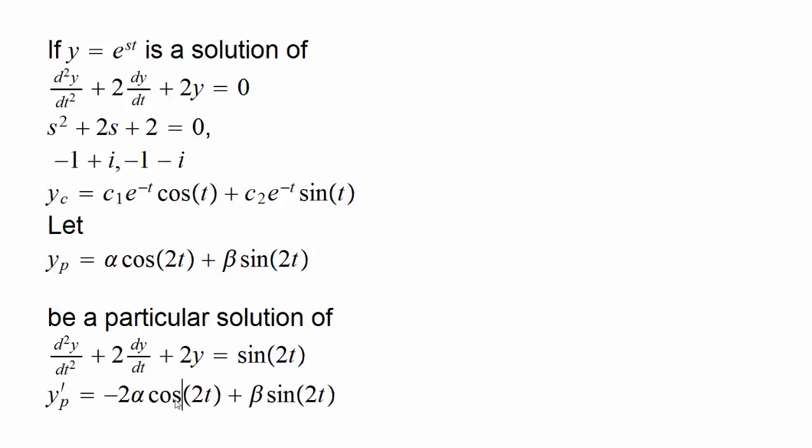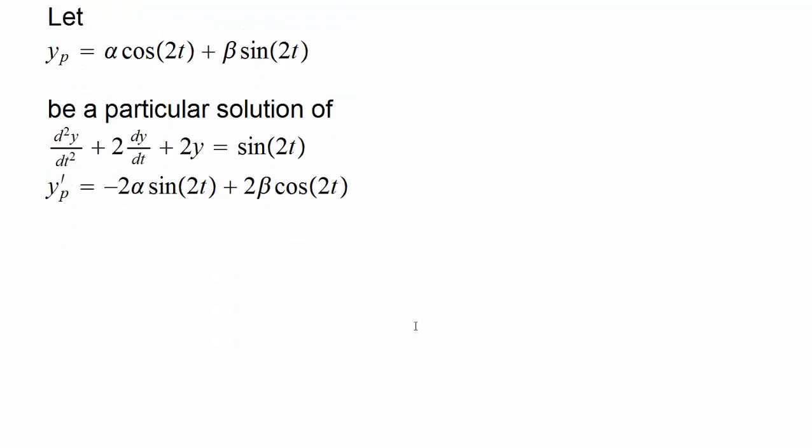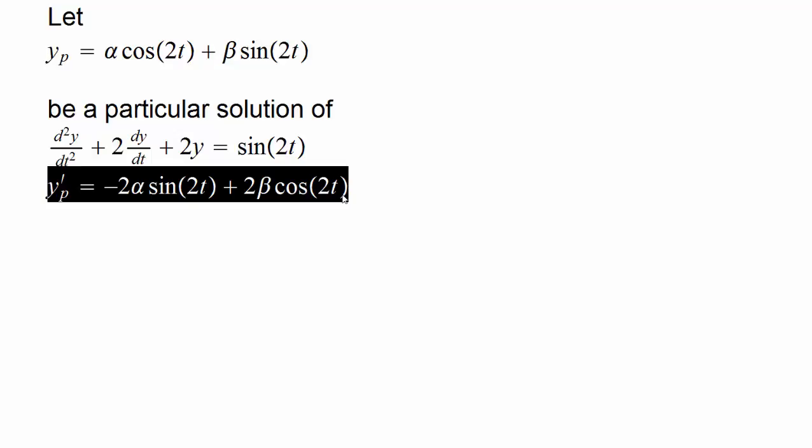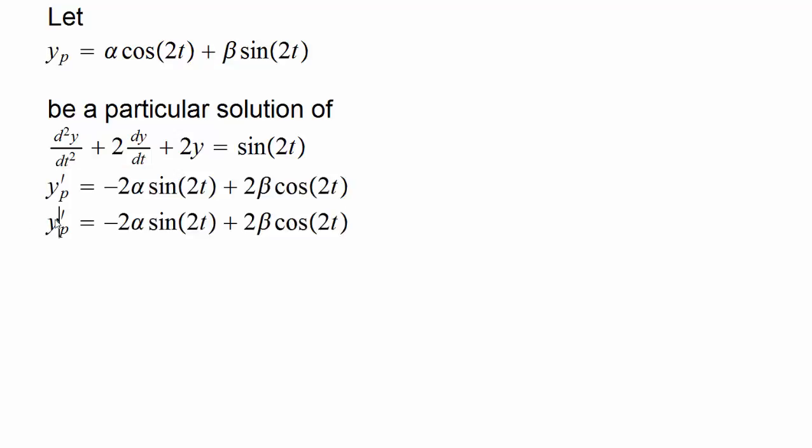By the chain rule, the derivative of cosine 2t is -2 sine 2t, and the derivative of sine 2t is 2 cosine 2t. Now the second derivative: 2 times 2 is 4, and the derivative of cosine is negative sine, with the 2 coming out as a factor because of the chain rule.